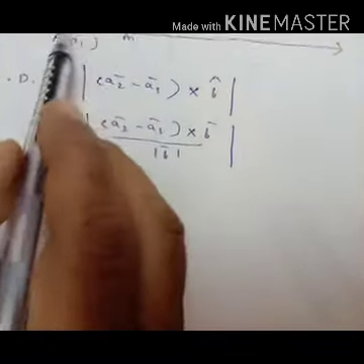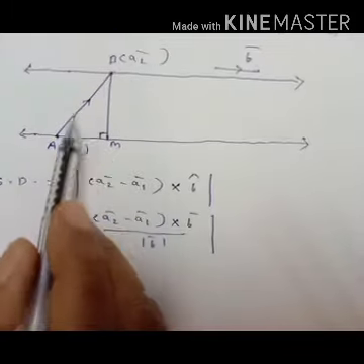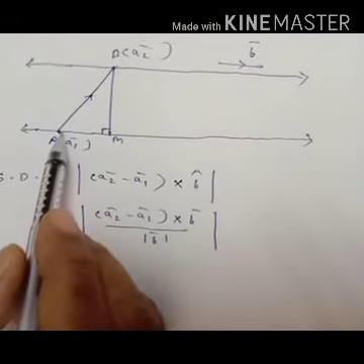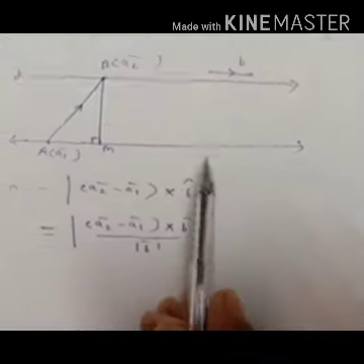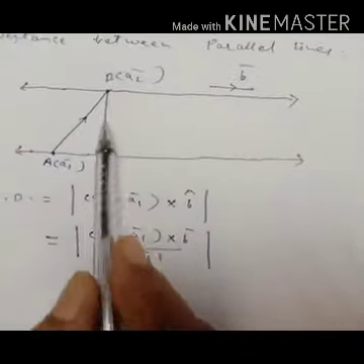If we know the position vectors of two points on the two lines and a vector parallel to both lines, then we can find the distance between parallel lines.